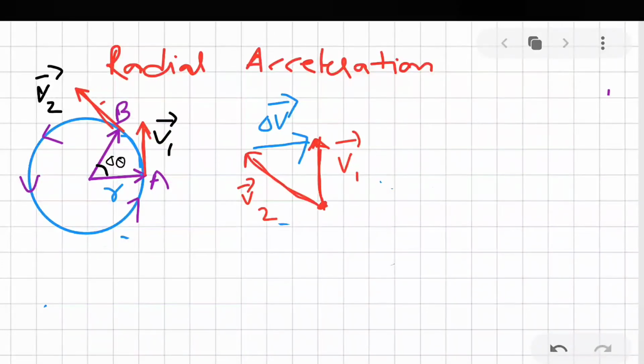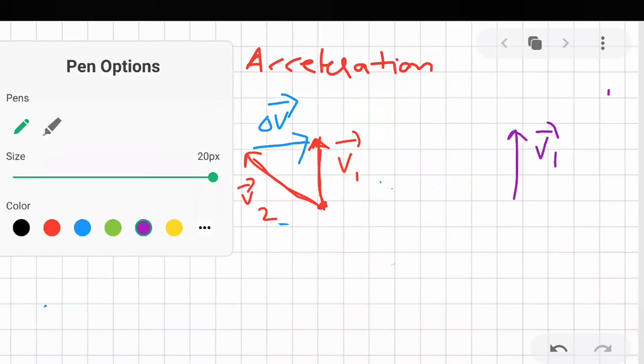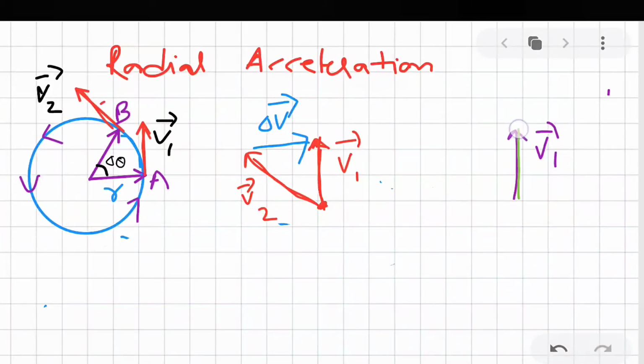So basically, suppose this is V1 and this is V2. When A and B are in the same direction, V1 and V2 are also in the same direction. As the particle moves from A to B, this V2 goes in this direction, and the angle between V1 and V2 increases.